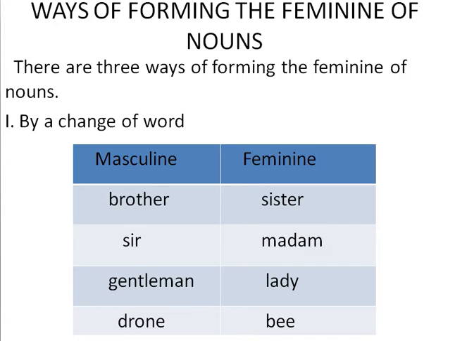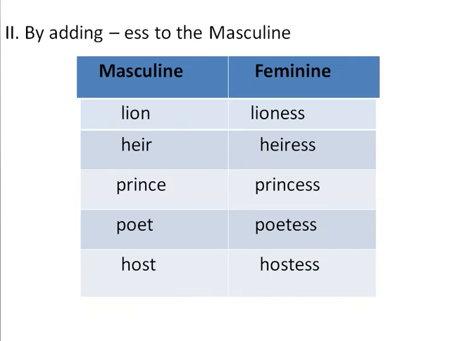So we change the word to make the feminine of the nouns. Secondly, we can change the noun into feminine by adding ess to the masculine. For example, lion, masculine, and the feminine is lioness; heir, heiress; prince, princess; poet, poetess; and host is hostess.